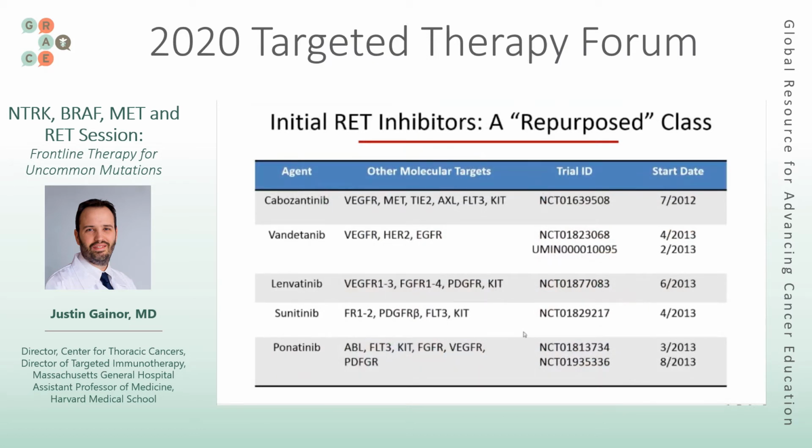Now, this is kind of a historical note, but I think one that gives us some lessons. Back in December 2011, I distinctly remember it, RET fusions were first described. At the time, the field of thoracic oncology already knew about ALK and ROS1 fusions, and the initial papers that described RET seemed to relay very similar biology.